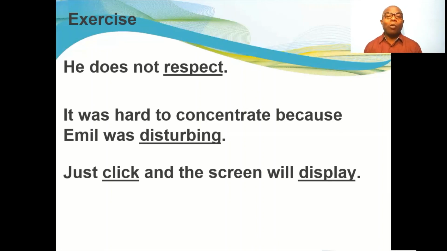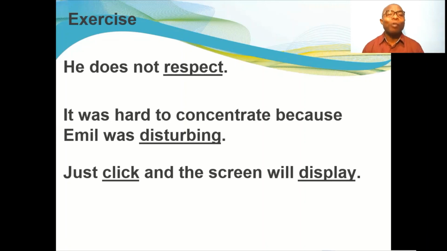Example 2 says, it was hard to concentrate because Emil was disturbing. The question comes swiftly: disturbing what? So what is disturbed should be the object. So disturb is a transitive verb. It was hard to concentrate because Emil was disturbing me, disturbing the peace, disturbing the public, disturbing us.